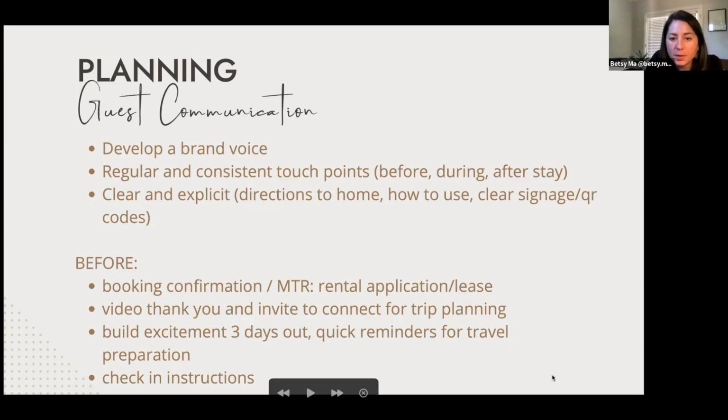Some basics are before, during, and after their stay. You want to have clear and explicit directions. You want to be clear and explicit. So for example, directions to the home, how to use certain things, clear signage, QR codes, anything that can avoid a message back to you.